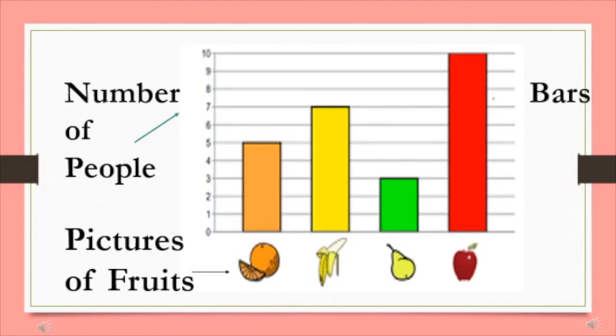Let me explain it again for you. All of us like a certain fruit. And so a group of people were shown these fruits and they were asked which fruit did they like best. These numbers here represent how many people like each fruit. Let's take a look. Let's look at the fruit banana.